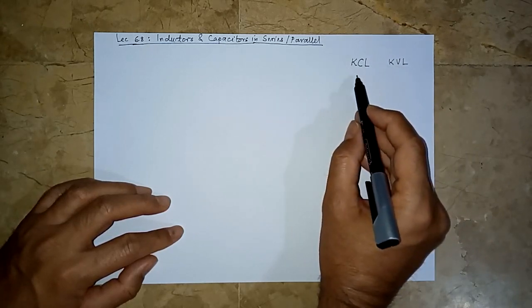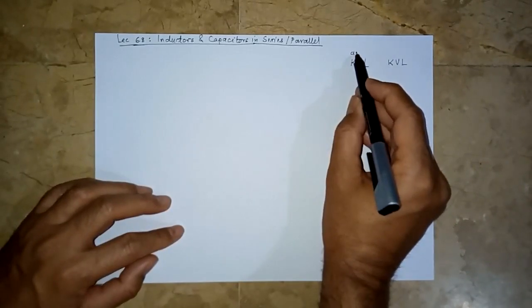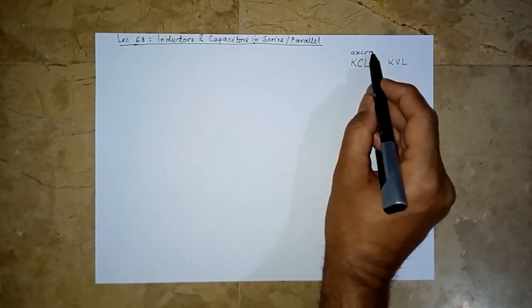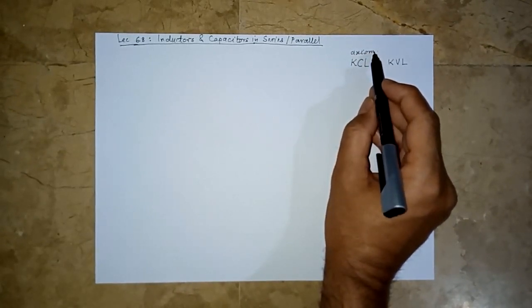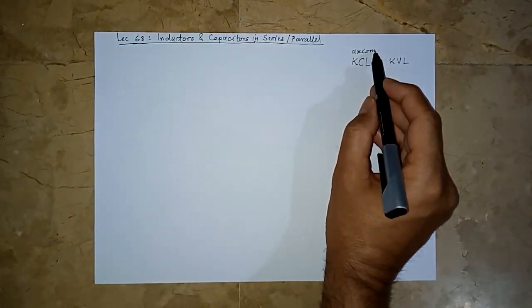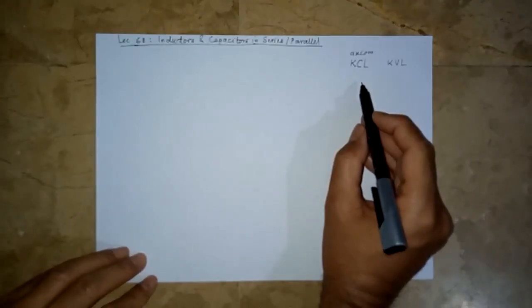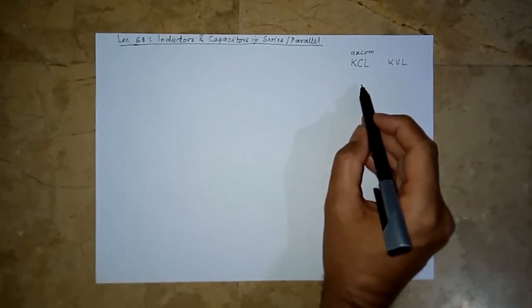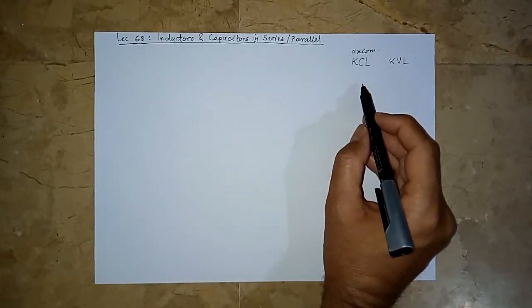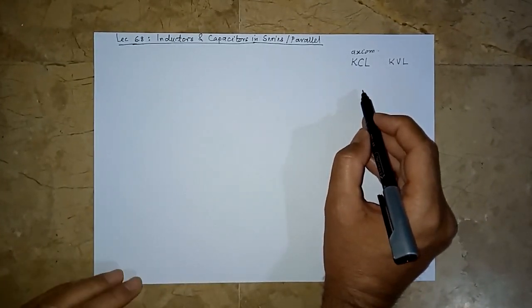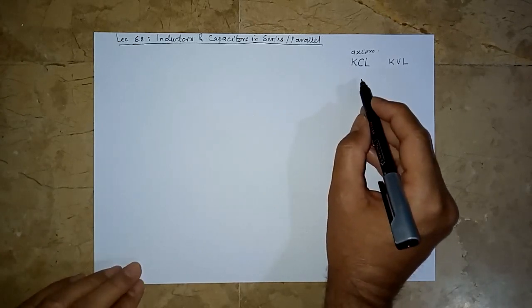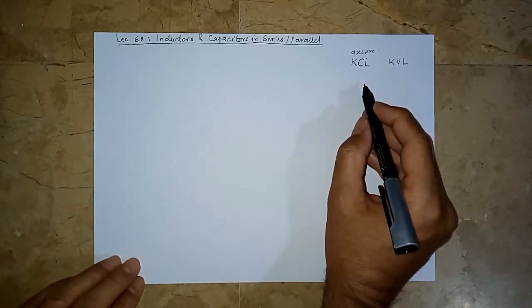Remember that I am calling them axiomatic laws because an axiom is something we don't actually require proof of. These laws are so simple that everybody can understand what they imply and what they mean.